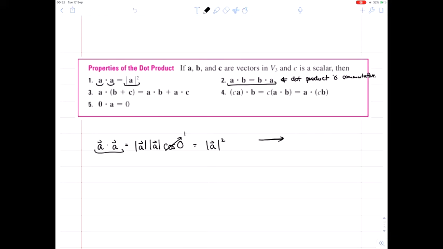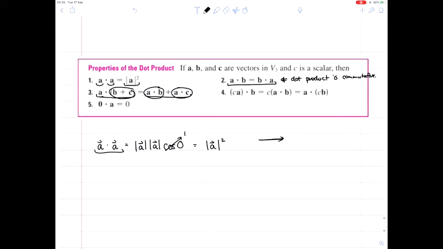The other thing that's useful about the dot product is it acts like multiplication in real numbers acts with addition in real numbers. So if we're taking a dotted with some sum of vectors, it's the same as saying a dotted with the first vector plus a dotted with the second one. So the dot product distributes over vector addition.